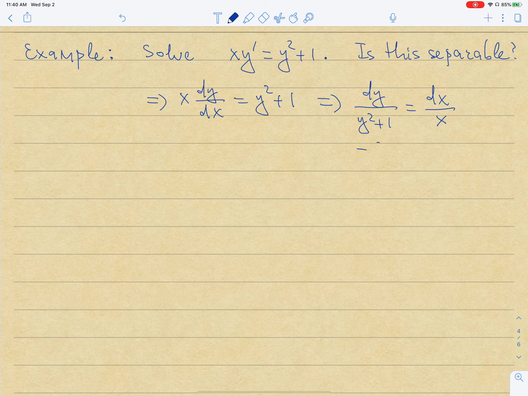And that certainly is separable because different variables are on different sides. So then we can integrate.